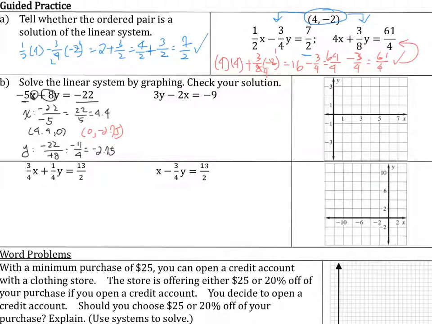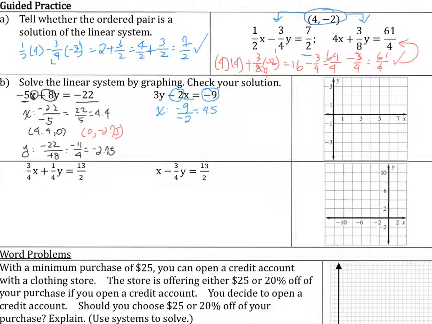And for this other equation, the x-intercept will be negative 9 over negative 2. So I simply took this number and I divided it by the coefficient of x. And this would be 4.5.